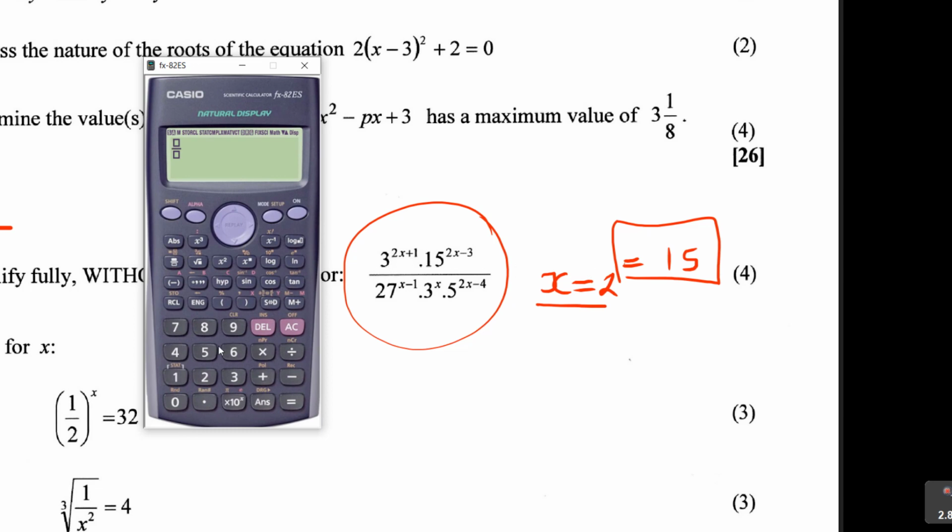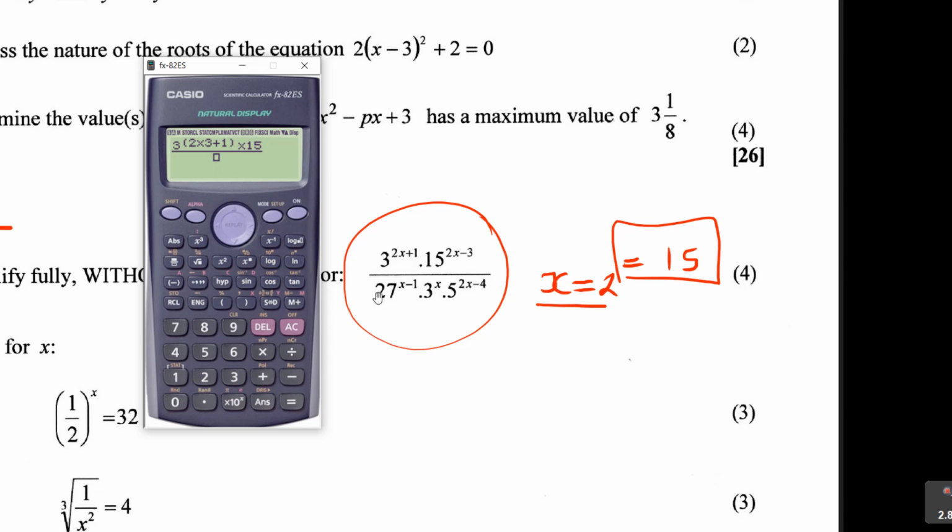Let's choose 3 now. It's 3 to the power of 2 times 3, where x is 3, plus 1, alright, times 15. I think, oh, I see, put brackets, very important, put brackets, those are important.